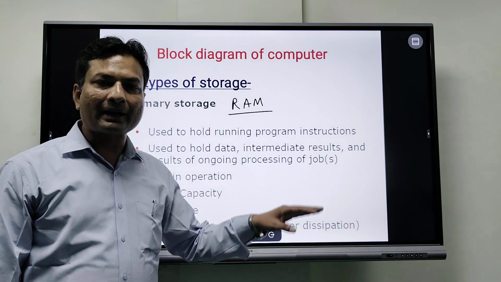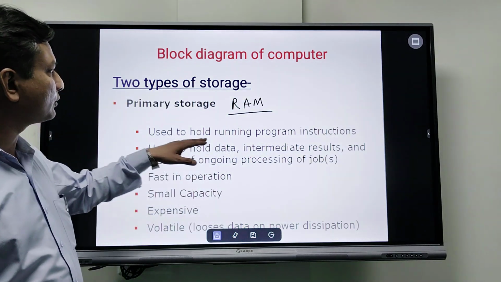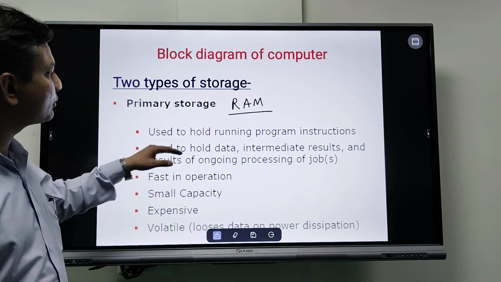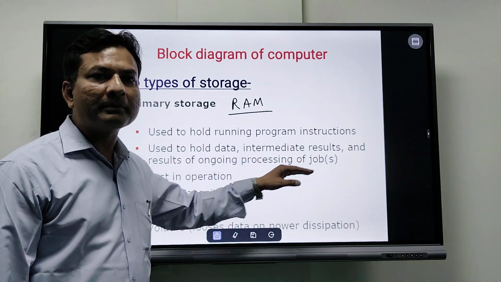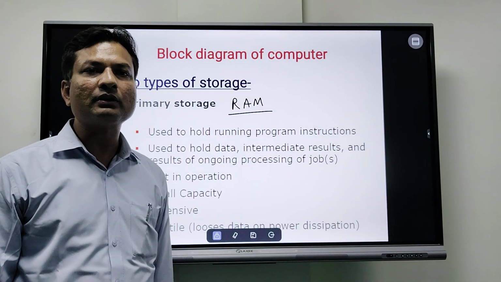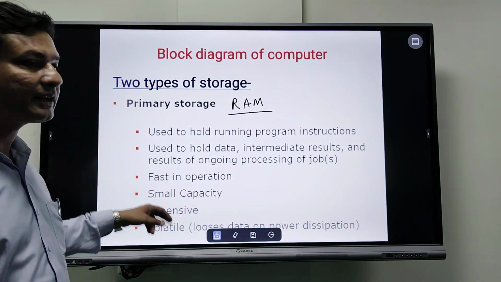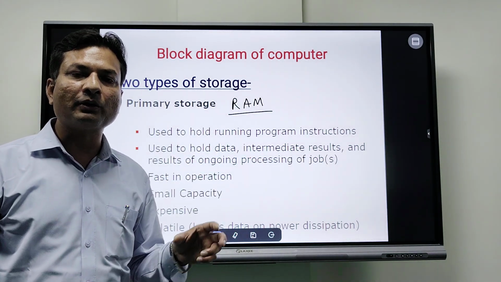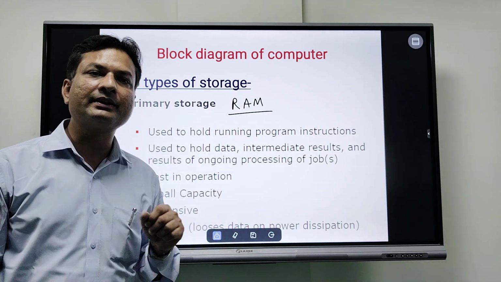So the running program's data and instruction is stored inside the RAM, that is primary storage. Second one is it is used to hold data, intermediate results and final results of ongoing processes or jobs. Third one is it is fast in operation because it is small. Because it is small, hence it is fast in operation.